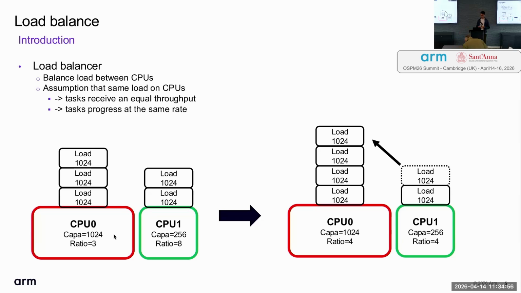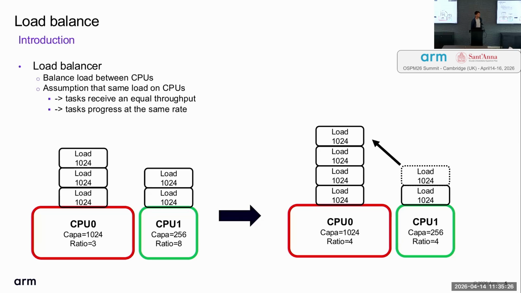In this case, we have 3 tasks on a CPU with a capacity of 1024, and 2 tasks on a CPU with a capacity of 256. The ratio of load divided by capacity is obviously higher on CPU1, it's 8 compared to 3. So the load balancer is going to migrate one task from CPU1 to CPU0 to balance the two.